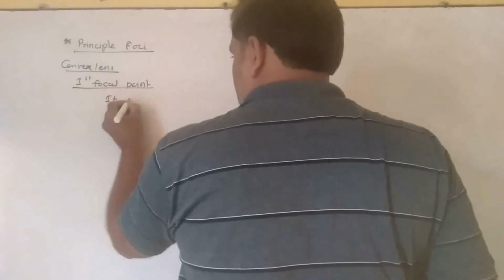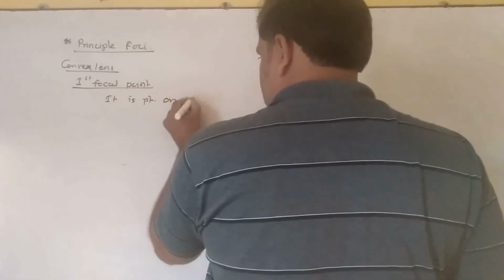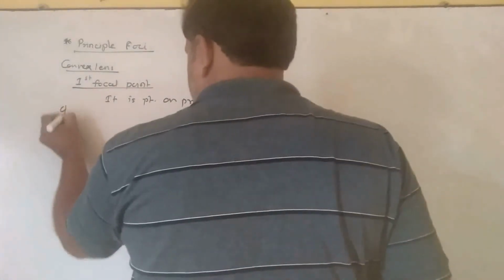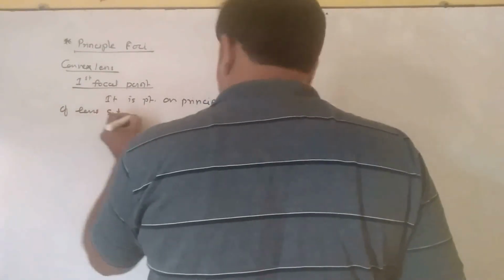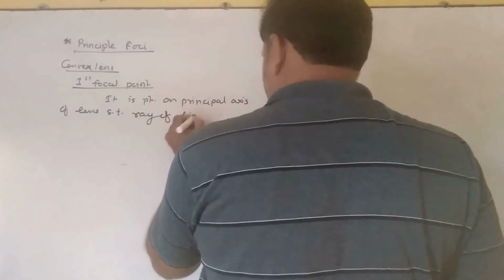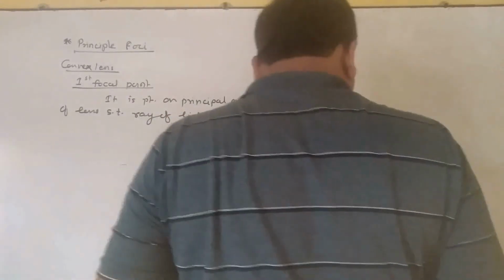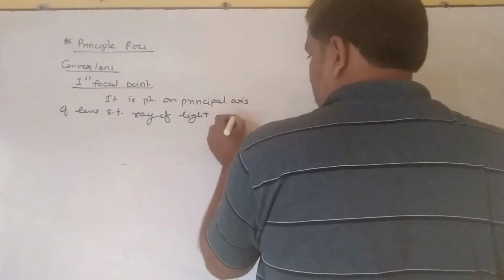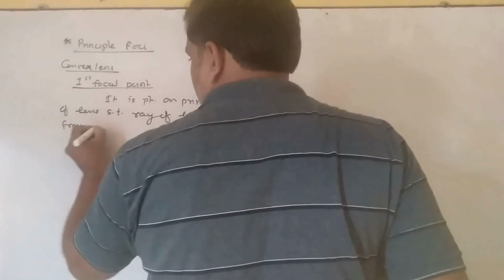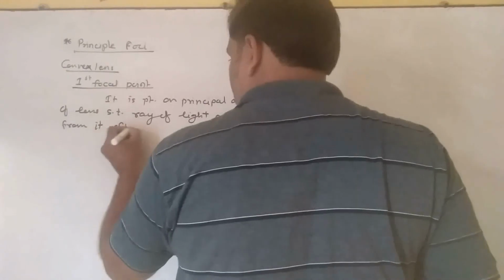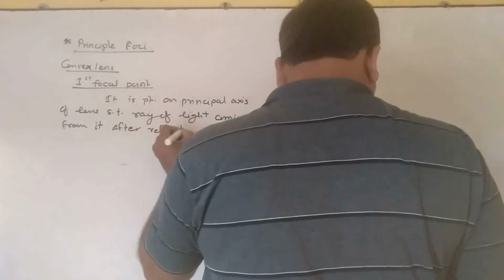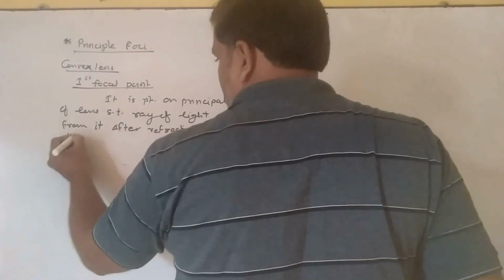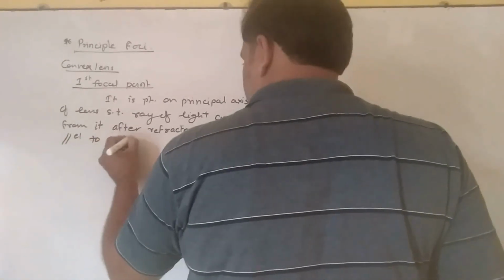It is a point on the principal axis of the lens such that a ray of light coming from it, after refraction, becomes parallel to the principal axis.